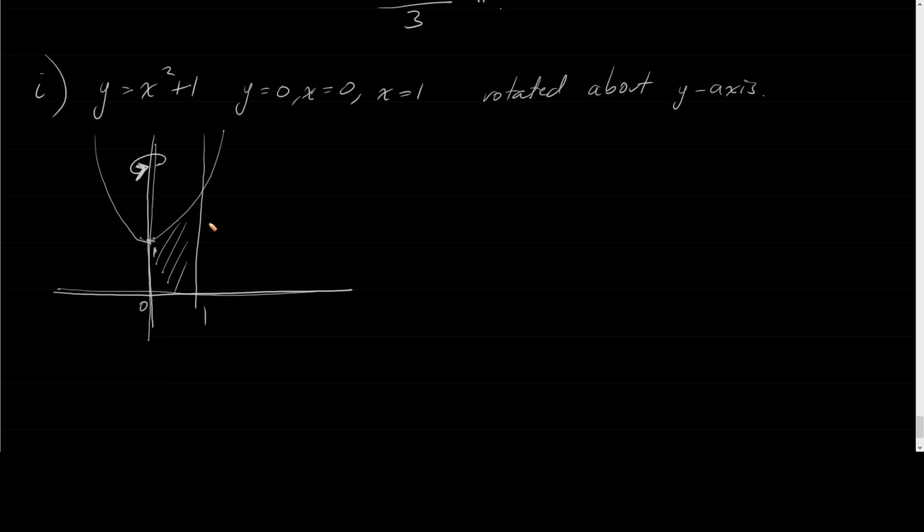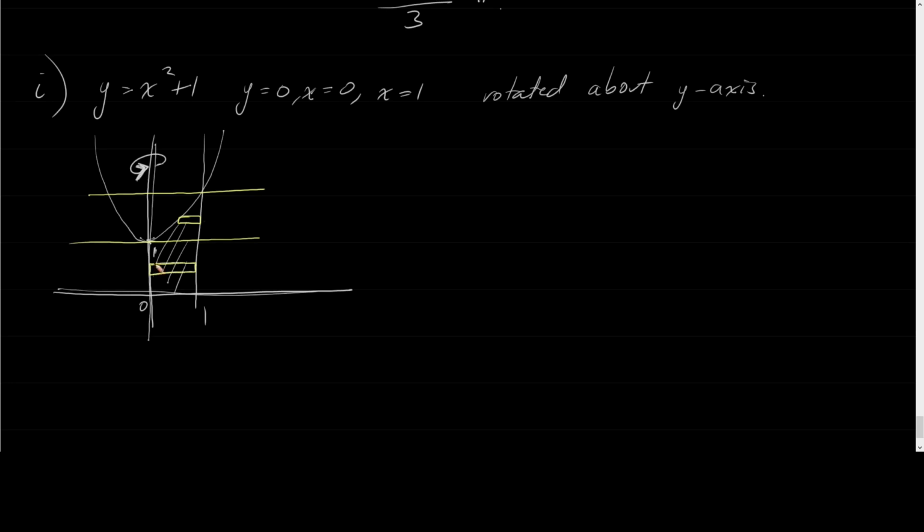Now let's see what the issue is here really. What we have here is that in this piece up here, we've got this representative rectangle, but in this piece down here, we've got this representative rectangle.